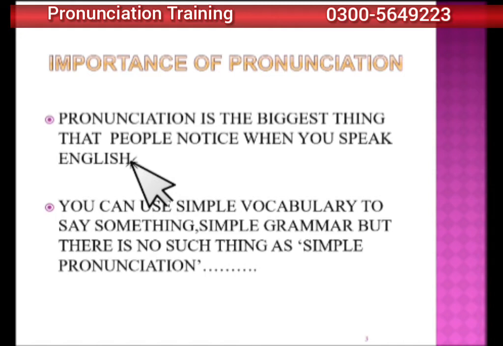For example, another example I normally give to my students: in Urdu, I say this is kursi. Urdu में उसको कुर्सी कहते हैं. If a non-native speaker comes over here and asks me मुझे कुर्सी दे दें, nobody will understand what he's talking about. Though there is only a slight difference, with mispronunciation we cannot understand.